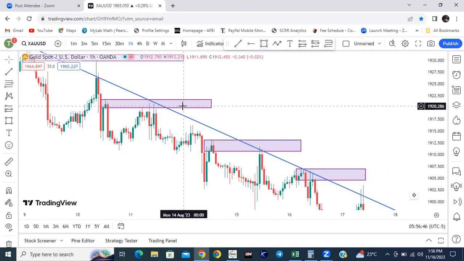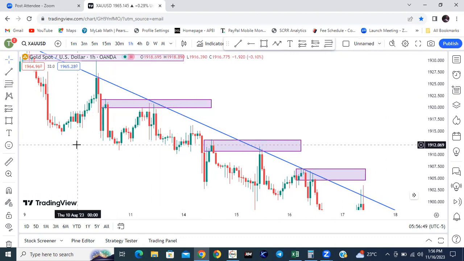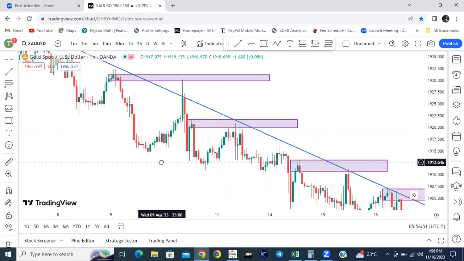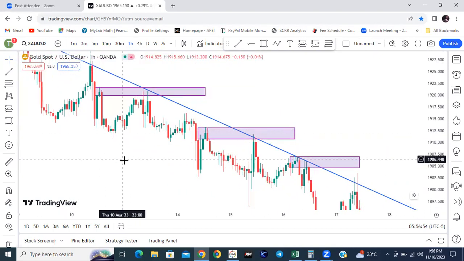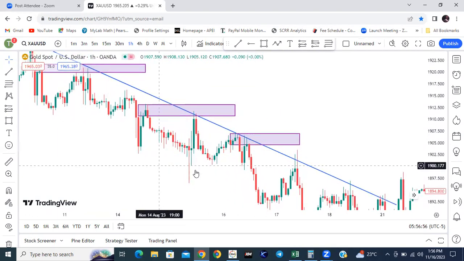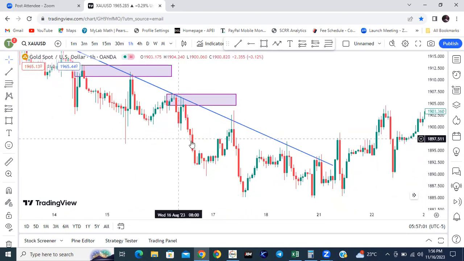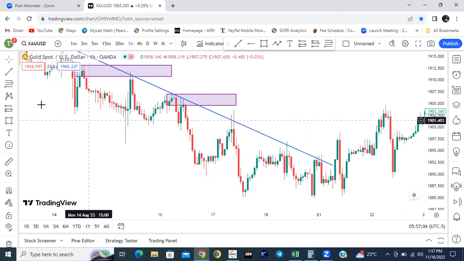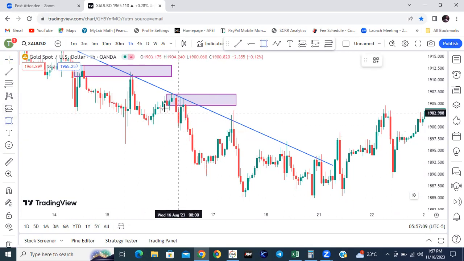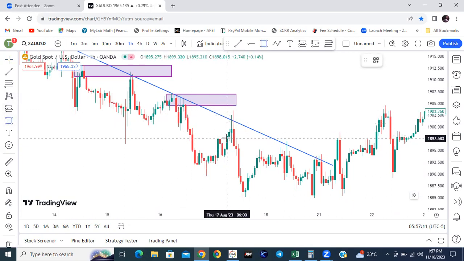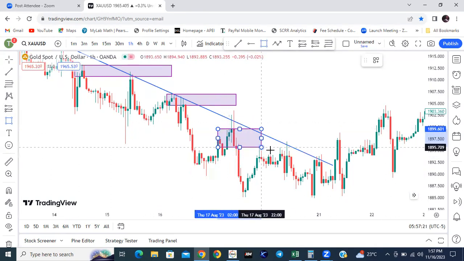But when we have this kind of pattern with consecutive buy candles, without a clear bullish engulfing like in this region, then we consider the consecutive sell candles here, and the entirety of this is a region.